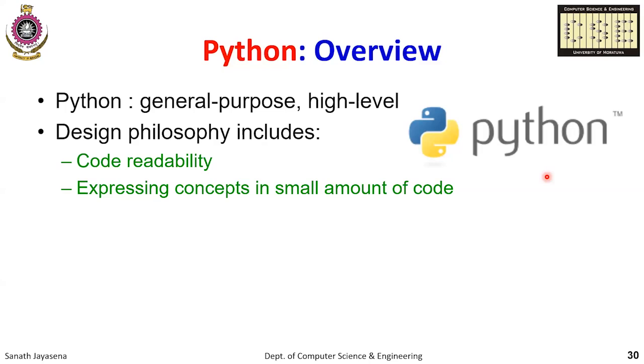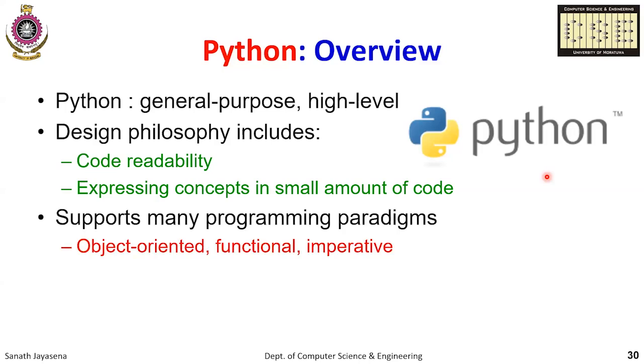Because if it's a very long program, it might be somewhat challenging to understand. So it's this code readability along with expressing concepts in a small amount of code. You can express a concept or even complete some action using a small amount of code.